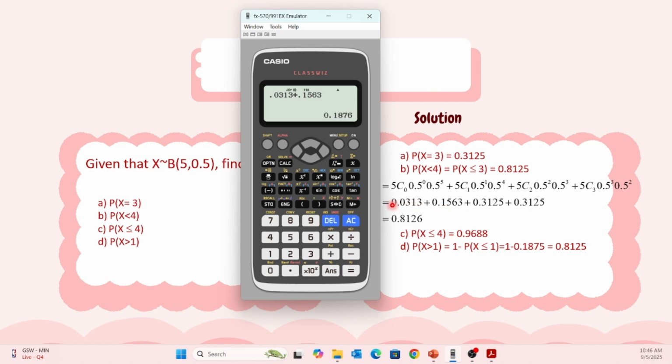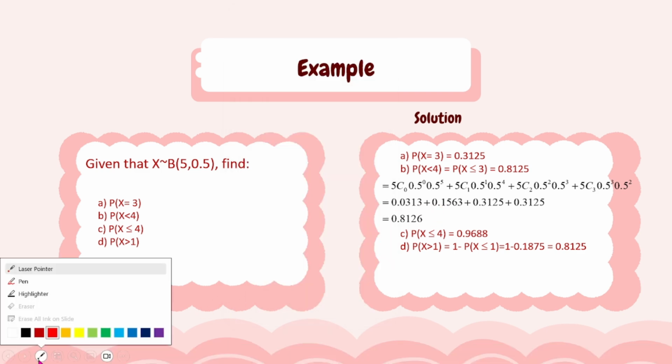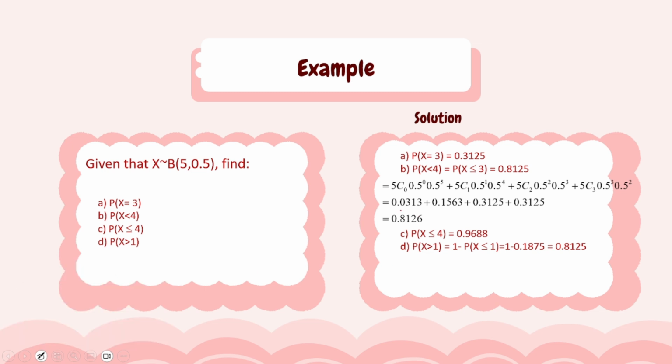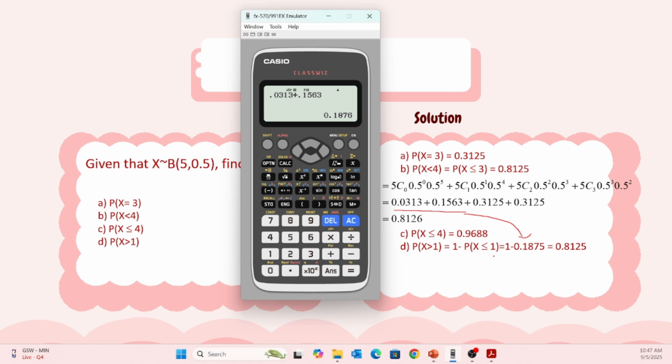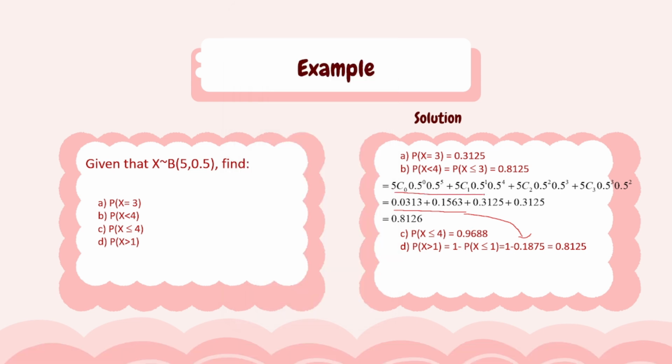These two added up give this value. So the probability of x greater than 1, I calculate as 1 minus the probability of x less than or equal to 1. For the probability of x less than or equal to 1, I use binomial CD, input x is 1, and I get this value directly instead of calculating manually one by one.